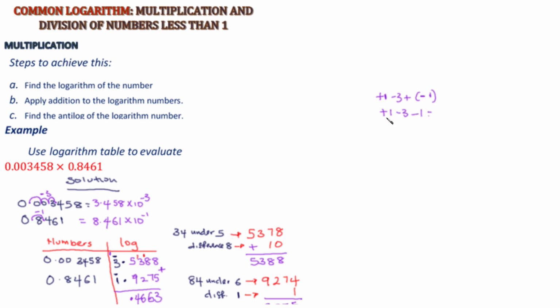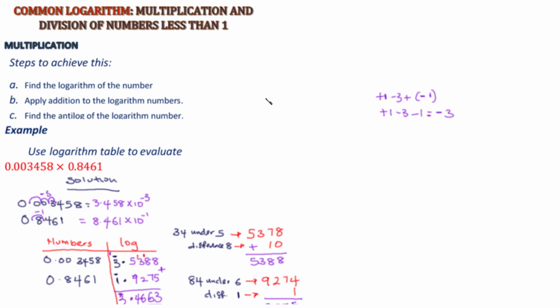That will give us plus 1 minus 3 is minus 2. Minus 2 minus 1 is minus 3. Then our answer here will be minus 3. Now, do it very well. That is our value for addition. After adding up the numbers, we have 3 bar point 4663.